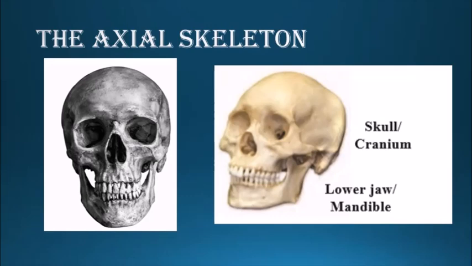So you have to remember this, that in our skull there are 22 bones. Out of the 22, 8 bones are present in our head and 14 bones are present in our face. So in total we have 22 bones in our skull. Out of that, 8 bones are present in our head and 14 are present in our face.